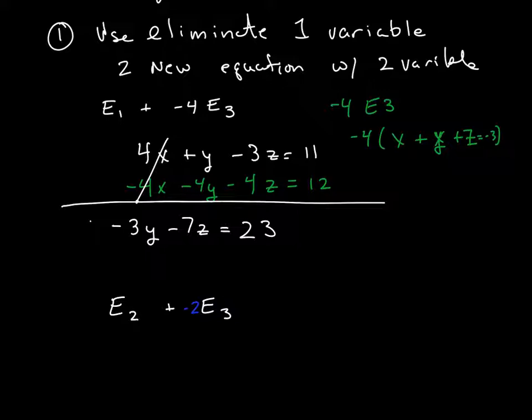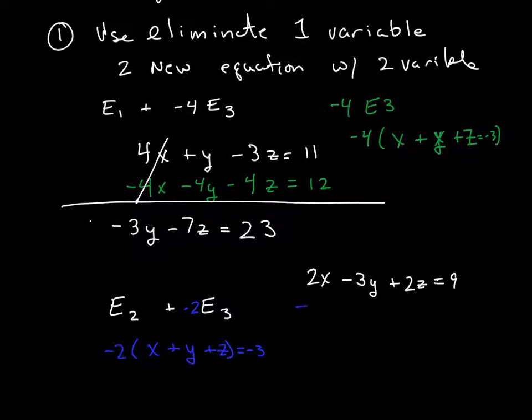So equation 2 was 2x minus 3y plus 2z is equal to 9. And when I take -2 and multiply it times equation 3, which was x plus y plus z equal to negative 3, that gives me that negative coefficient.